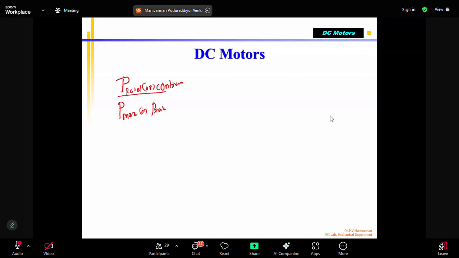So rated means, for example, I say my motor runs at 100 volts, that is V motor, the supply voltage, V supply, correct, is 100 volts. And I say that I motor is 10 amps. Then the P motor is automatically the multiplication of these two, VM multiplied by IM, and the number would automatically be 1000 watts, correct? So while mentioning this PM and IM, VM, they will say rated or continuous.